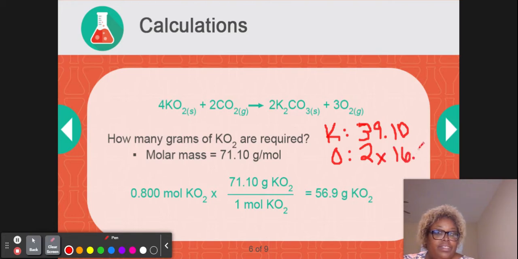It depends on what periodic table you have. Sometimes it's already rounded. So if we take 2 times 16 and add it to 39.1, that's where we get that 71.10 that is given here in this problem.